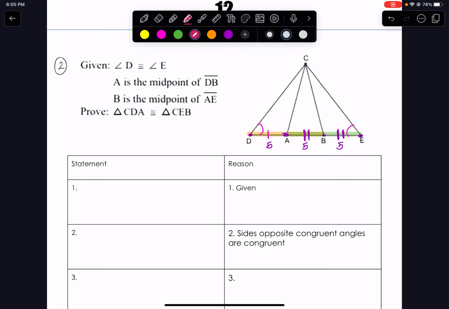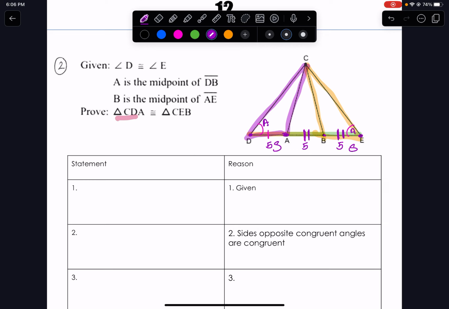Now, we're looking at these triangles. So let's highlight that. So CDA and CEB. So we're given the angle. We can say the side by transitive. We need one more thing.